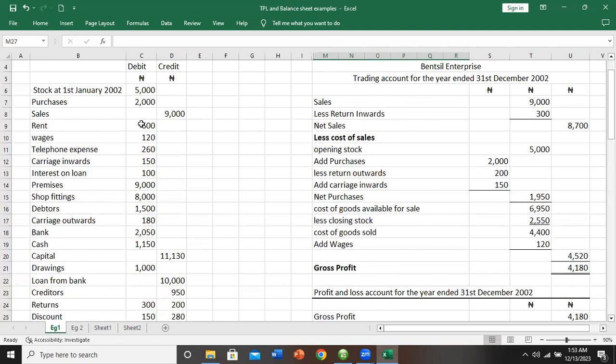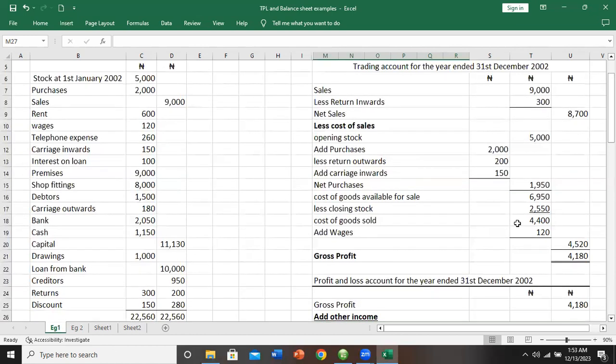As you move through this trial balance, what other income do you see there? Yes, who is ready? Yes, I'm waiting for Jacinda.